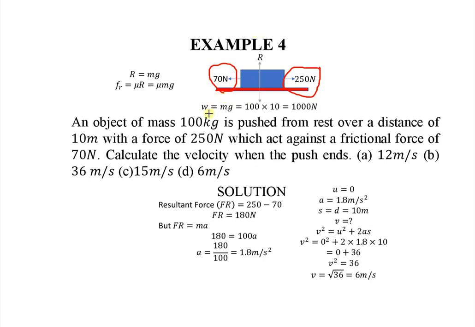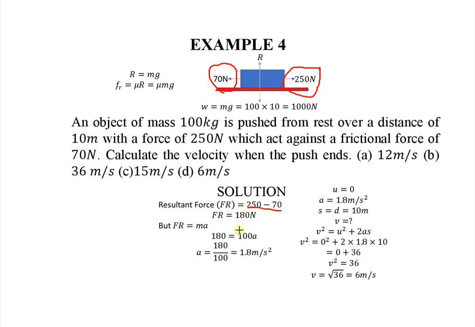Now, in this case, you remember that normal reaction is what? mg, which is 100, that is the mass, times what? Acceleration due to gravity, giving us what? 1000. So let's again get the resultant force with which the body moves. Resultant force will be 250, the force that is applied, minus the frictional force, which is 70.